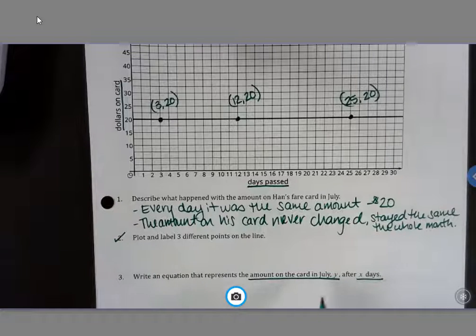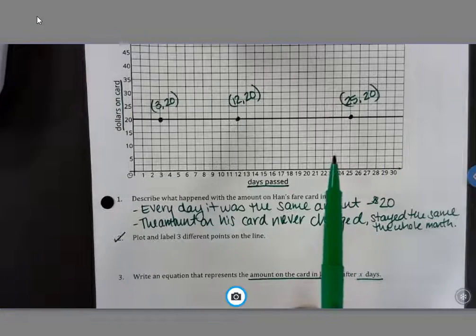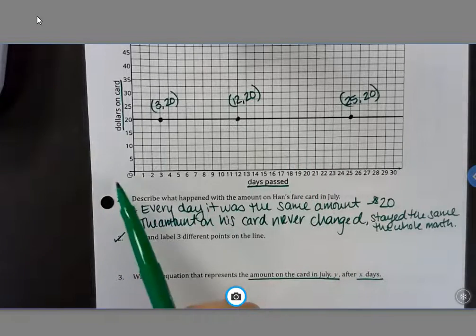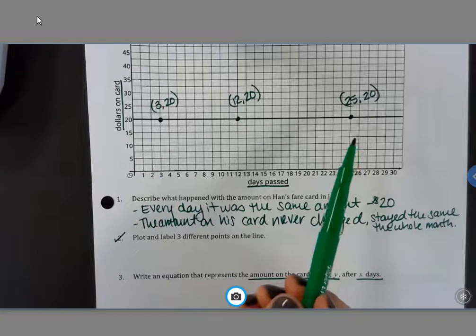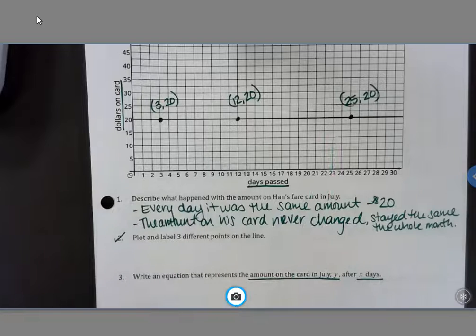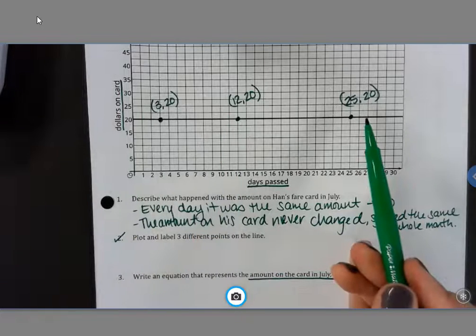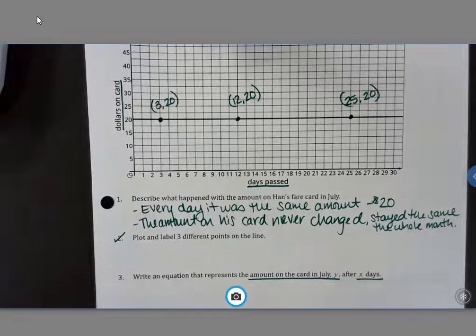Well, what we already noticed is that he had $20 on his card every single day in July. So the Y value never changed, right? So it doesn't matter what X day it is, whether it's 3 or 12 or 25 or 18 or 30, it doesn't matter what day it is, that's not going to change the amount on his card.